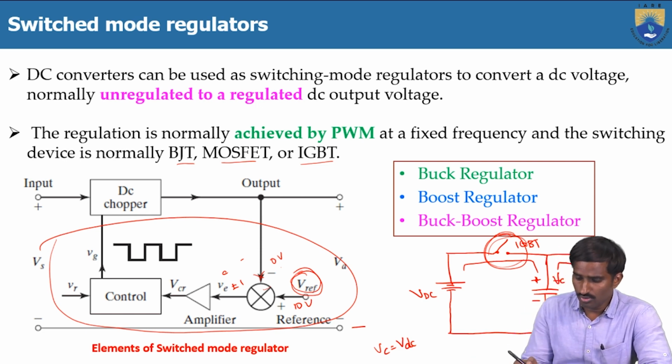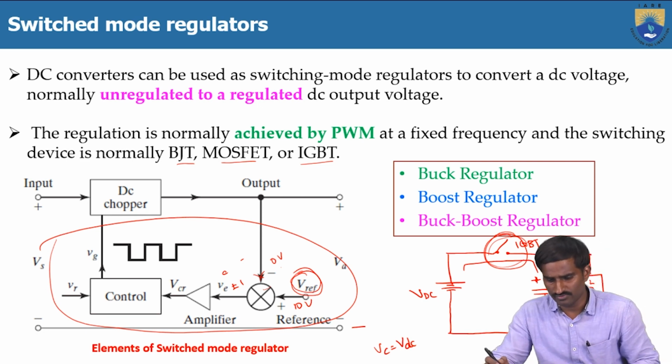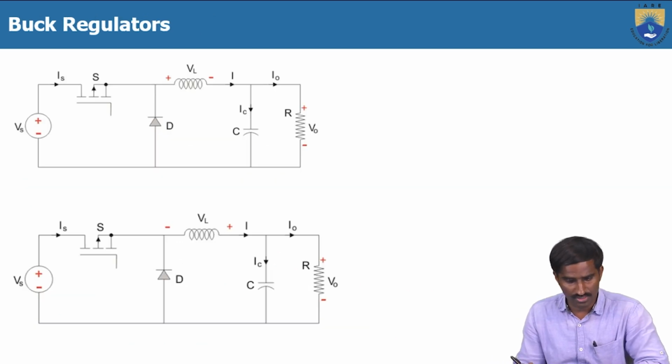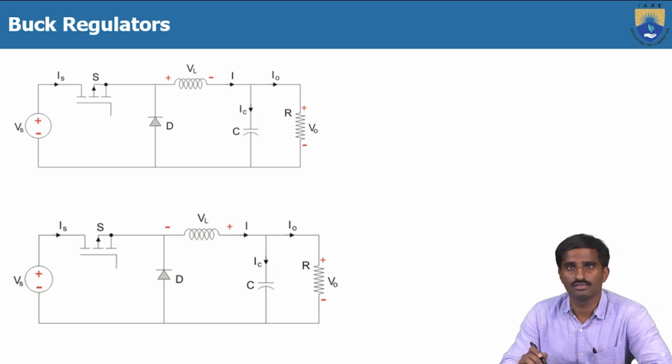Now you will see one by one what is a buck converter and what is a boost converter, or what is a buck regulator, a boost regulator, and a buck boost regulator. As I told you, initially let me consider the buck regulator.